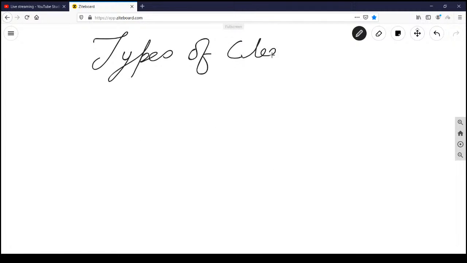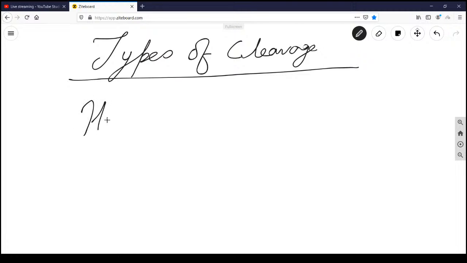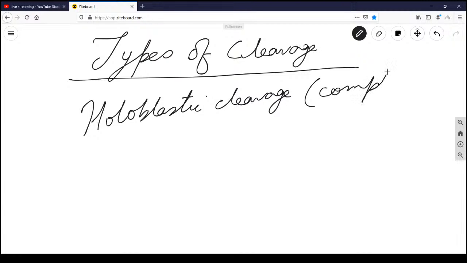So types of cleavage, this is asked in the NEET examination directly. You have something known as holoblastic cleavage, that is the complete cleavage.